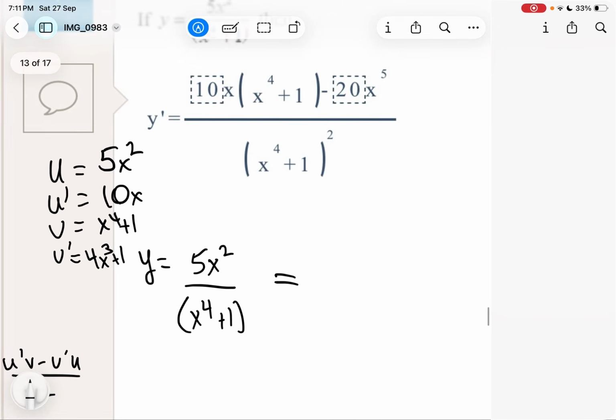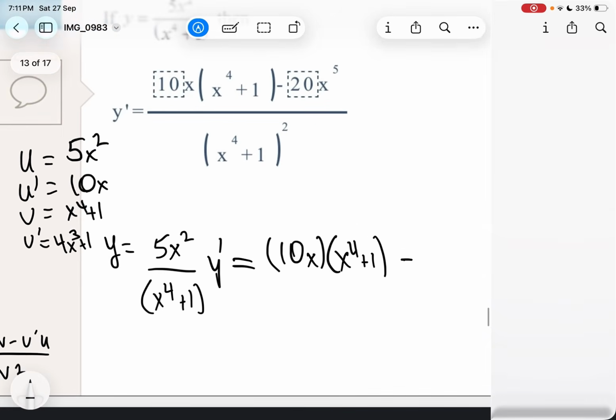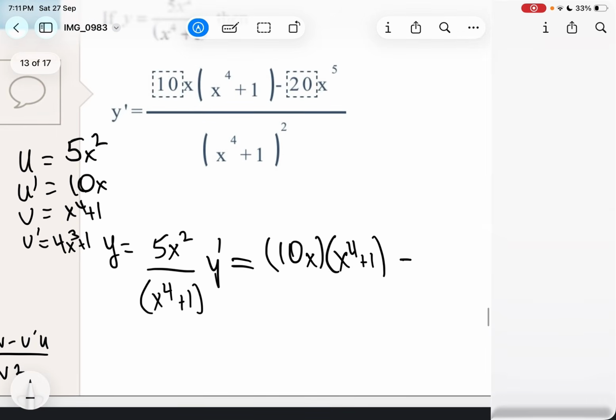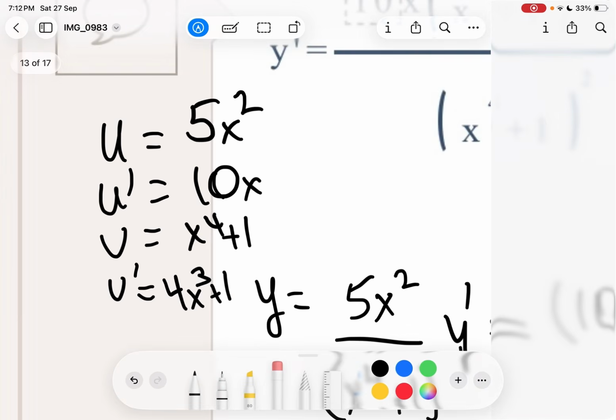Okay, so now let's solve it. y prime will be equal to u prime, which is 10x, times v, which is x^4 plus 1, minus v prime. Here I made a mistake. I wrote the v prime as 4x^3 plus 1.